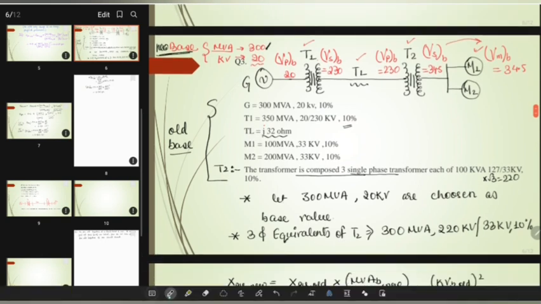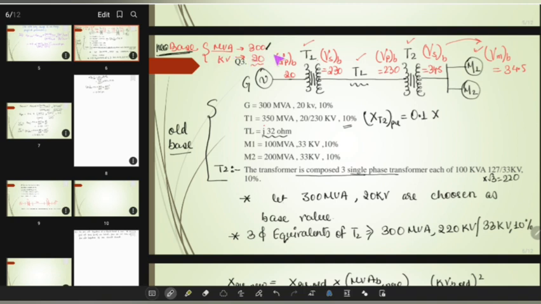Now we will find the per unit impedance of transformer T2 if we refer to secondary side. Okay, so we will always get the same value. So the old per unit impedance was 0.1 into what is the new MVA?